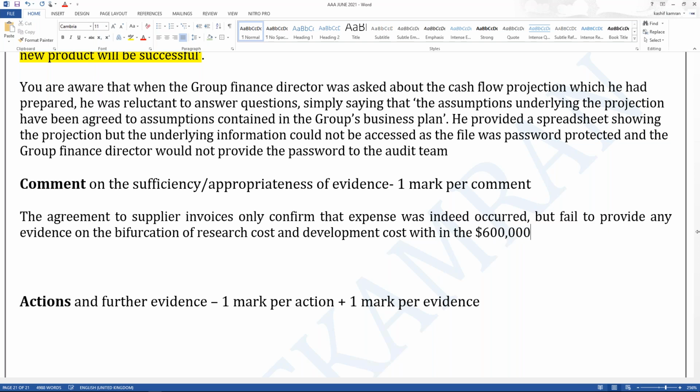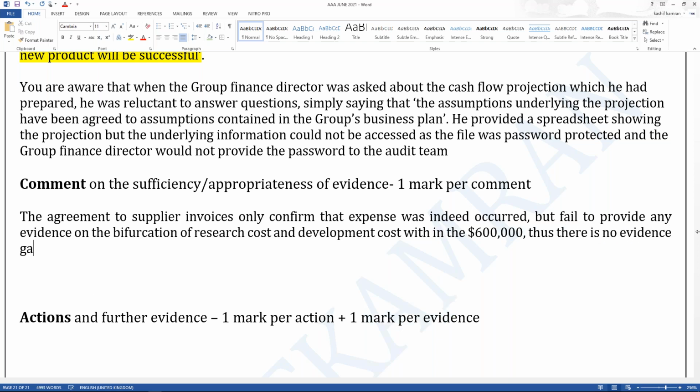So the agreement to supplier invoices only confirmed that expense was indeed occurred, which is fine, but it failed to provide evidence on the bifurcation of research and development costs within 600,000. Thus, there is no evidence gathered by the team on research cost.